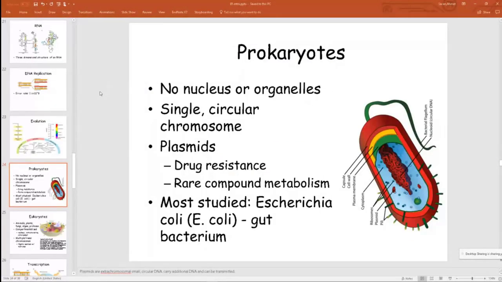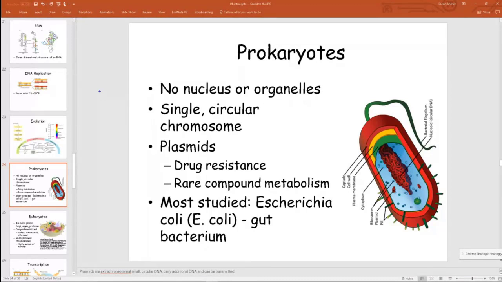All right. So prokaryotes don't have any nucleus or organelles. They have single circular chromosomes. But in addition to the chromosomes, which are the DNA molecules, they also have additional DNA molecules called plasmids. They are smaller. They provide drug resistance and rare compound metabolism.